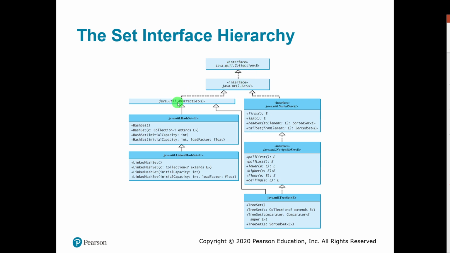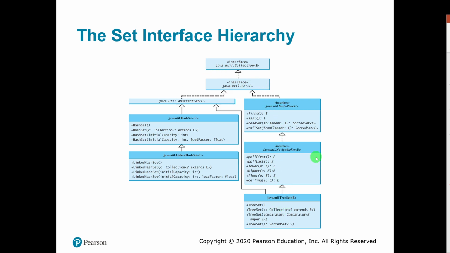The abstract set implements the set interface, and then hash set inherits from that. Linked hash set inherits from it. Tree set also inherits from it. And then we have the sorted sets and navigable sets, which enable us to do also the tree sets.